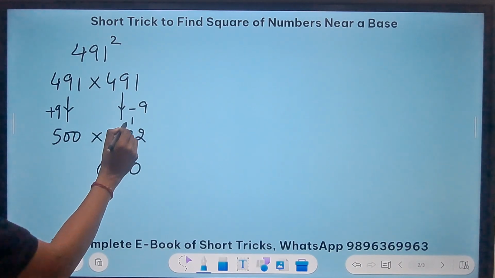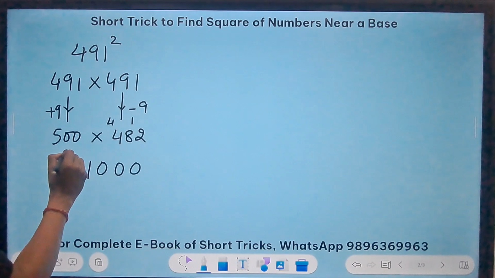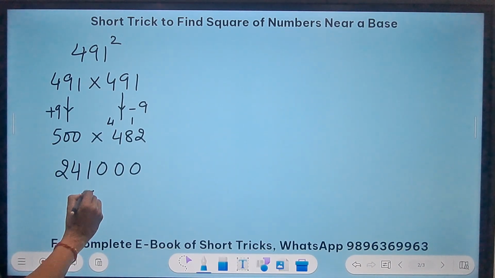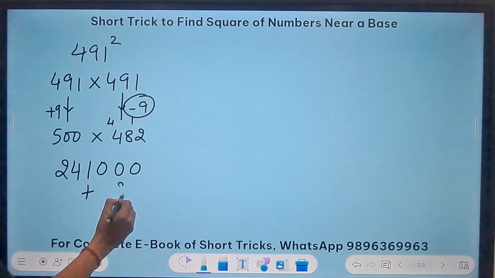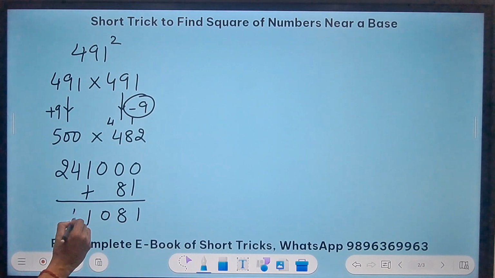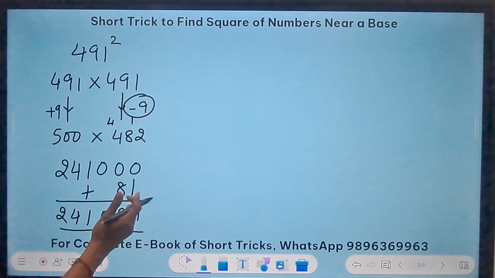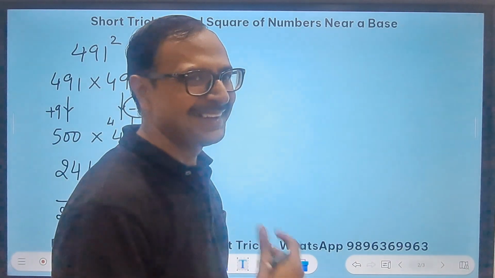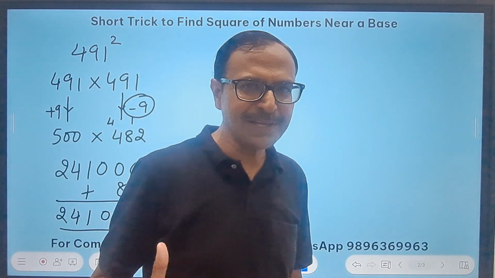So 5 eights are 40, 41 means 1 and 4 carry. 5 fours are 20, 24. 2, 4, 1, triple 0. Add what? The square of 9, 81 to the result. You get 241081. That is the square of 491. Whew. Easy, right? It's getting easier.